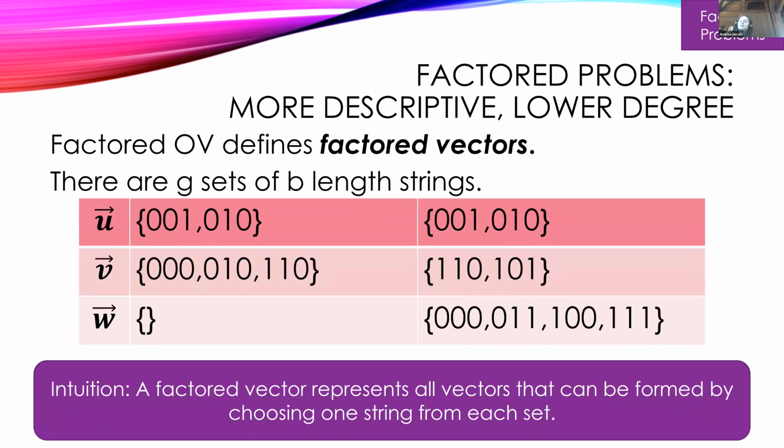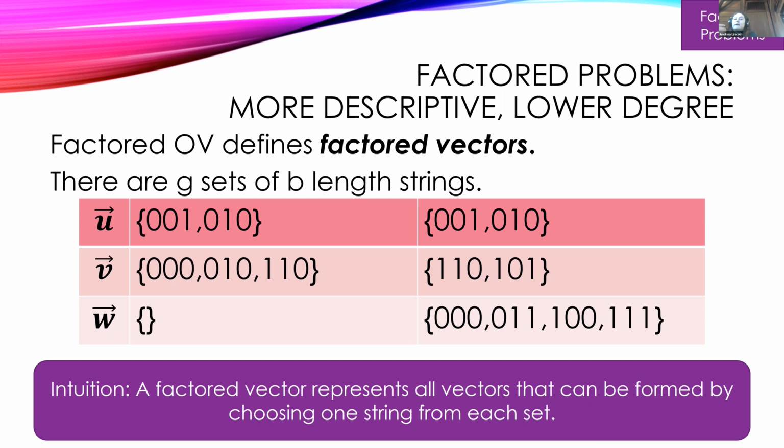So when we go to the factored version, instead of having some vector of length 6, what we're going to have are vectors that are factored in the sense that they are represented by g different sets, each of which contain various b length strings. So here we have 2 sets which contain 3 length strings for each factored vector.